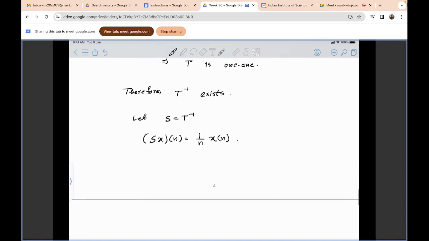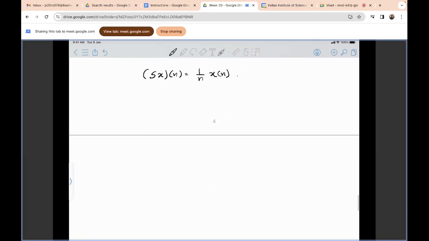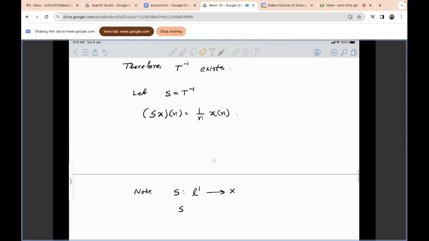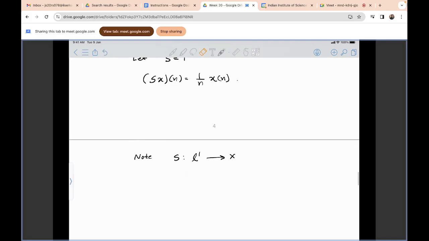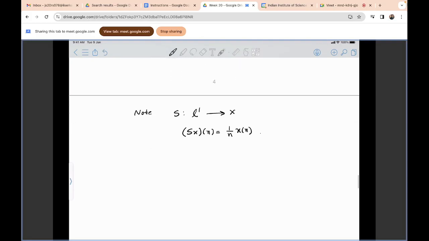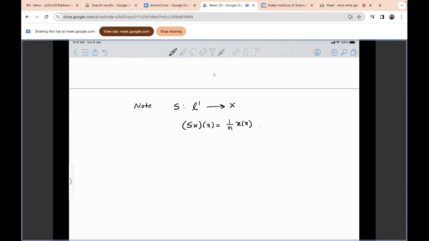First, for that, let's check that S is bounded. Note S is a map from L1 to X, and Sx at n is 1 by n xn. What will be the norm of Sx?